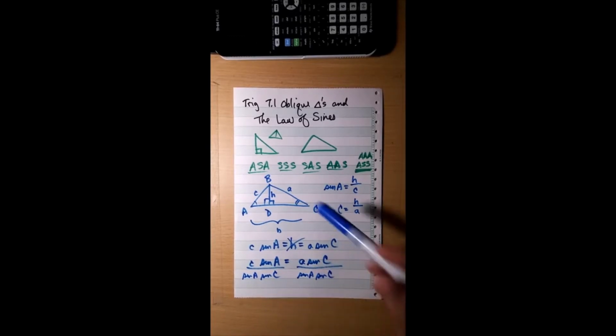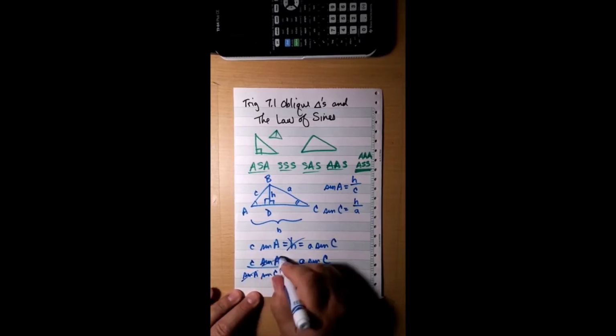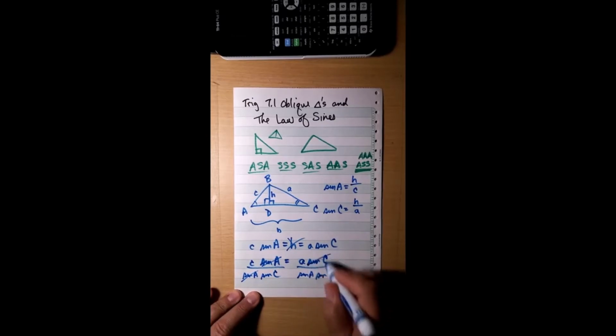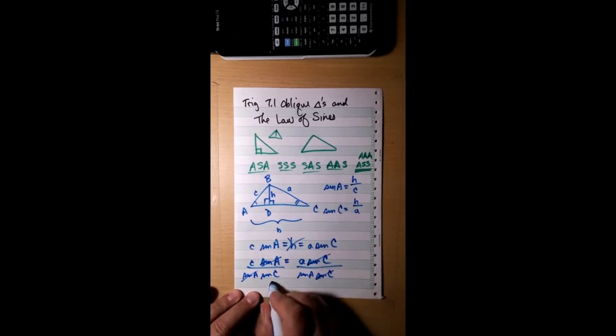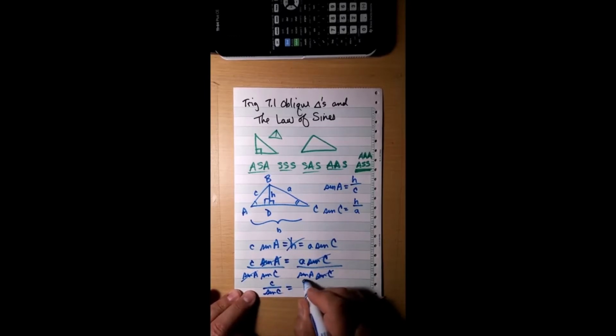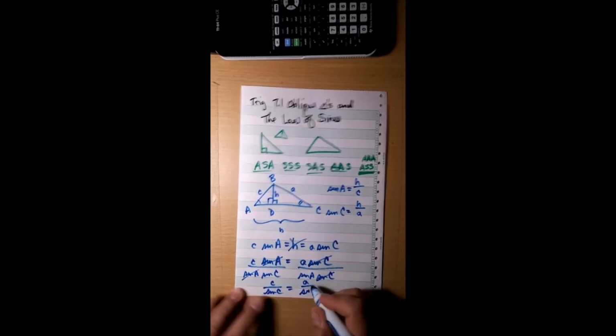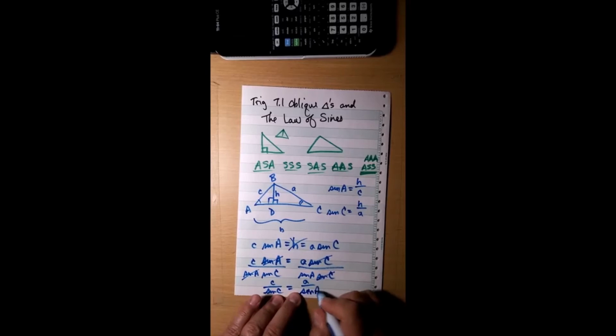But since this is not a right triangle, we don't have to worry about that. So these sine A's cancel, and the sine C's cancel. And we get c over the sine of C is equal to little a over the sine of capital A, or angle A.